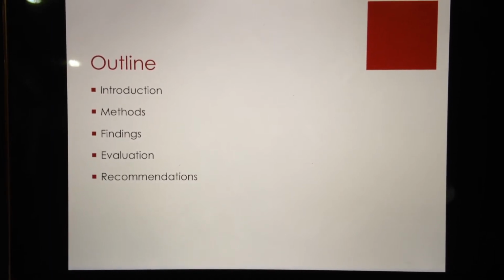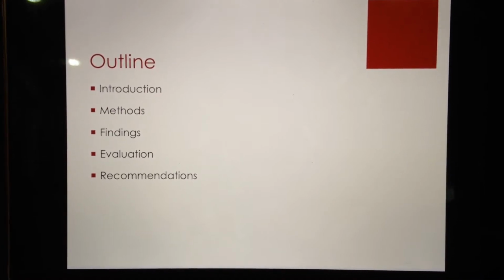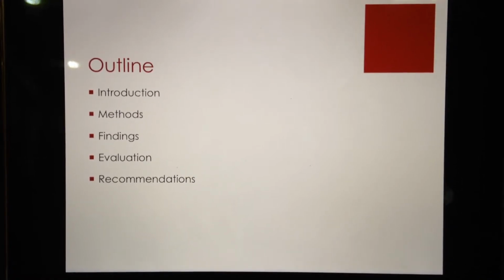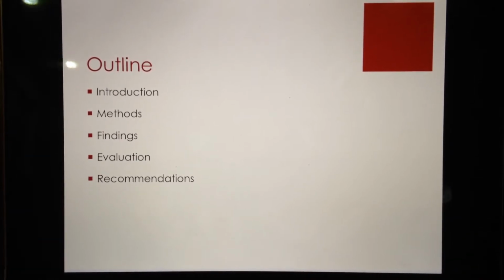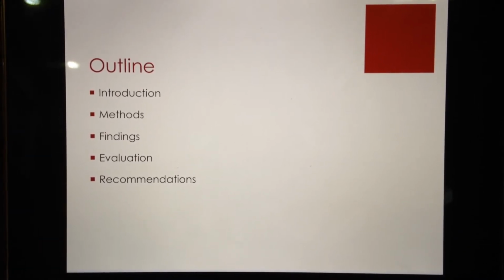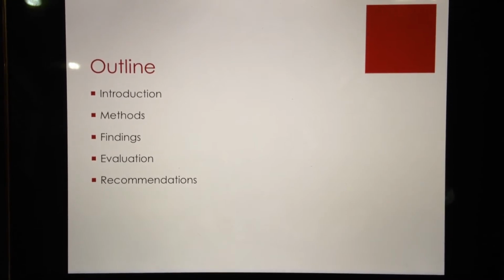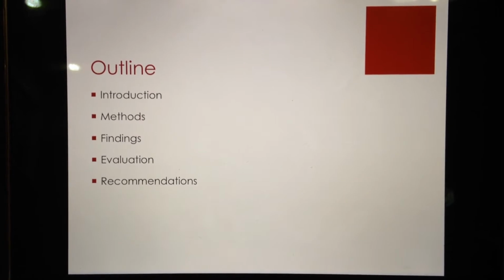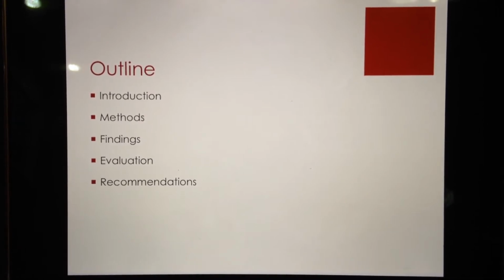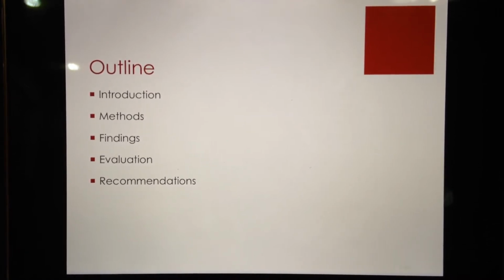In the methods part, there will be the design of the methods we use to evaluate the system as well as the standards we considered. Next is the result of our findings for the system, followed by the evaluation of the weaknesses and strengths. Last, based on the weaknesses and strengths, we will provide our recommendations for improving the system.